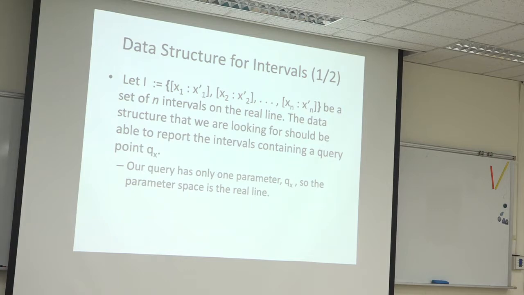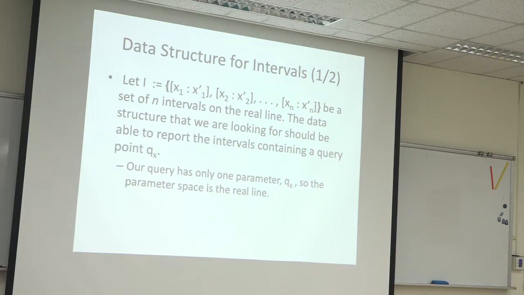The reason we simplify is so that we can understand this locus approach and better understand this interval tree. So let's now only consider one dimension, just the x coordinate.